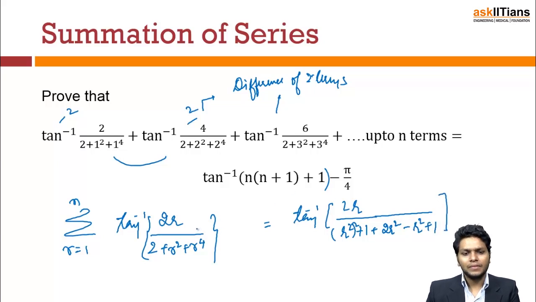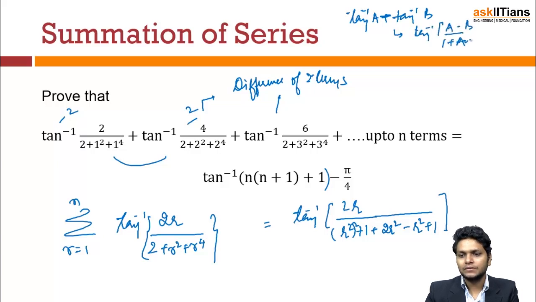Because see, what I'm thinking, if there is some formula of the format tan inverse a minus tan inverse b, that is what I'm interested in. So I know that tan inverse a minus tan inverse b is tan inverse of a minus b over 1 plus a into b. That much I know. So let's see if we'll be able to convert this or not.